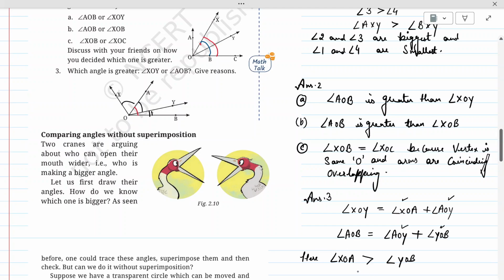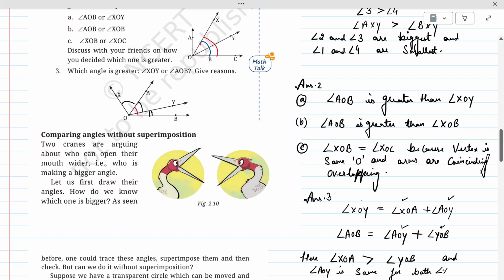Okay, so if this angle XOA is greater, it belongs to XOY. So what we can write is angle XOA is greater than YOB, and angle AOY is the same for both these two angles.